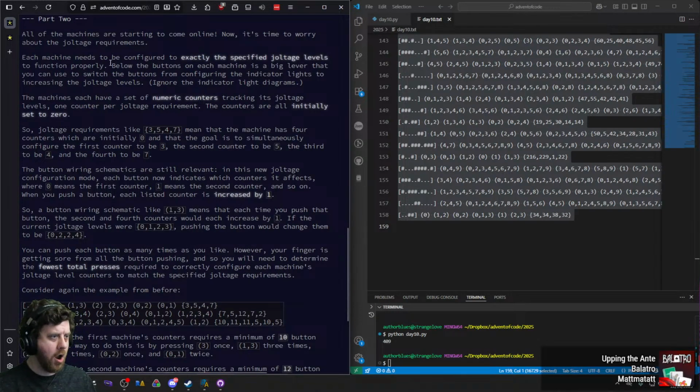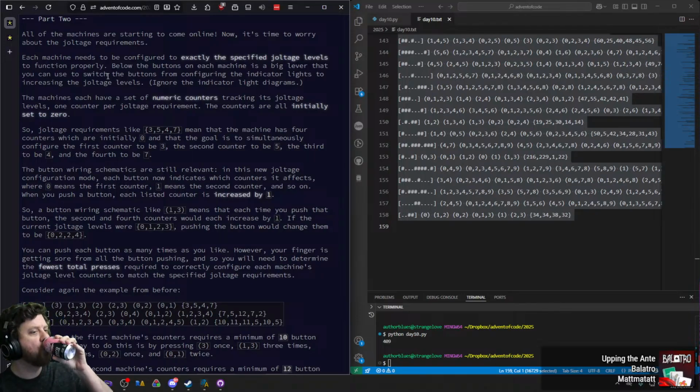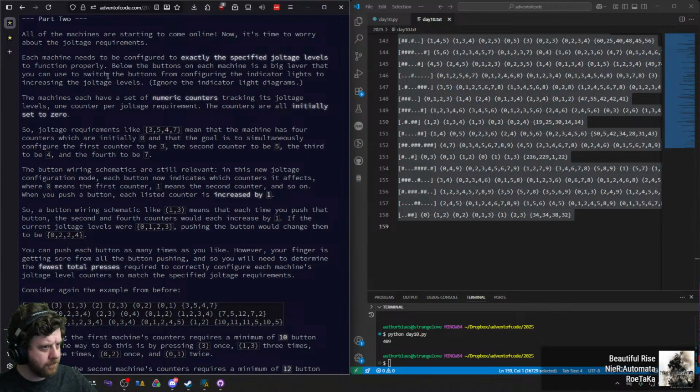Okay. All of the machines are starting to come online. Now it's time to worry about the joltage requirements. Each machine needs to be configured to exactly the specified joltage levels to function properly. Below the buttons on each machine is a big lever that you can use to switch the buttons from configuring the indicator lights to increasing the joltage levels.